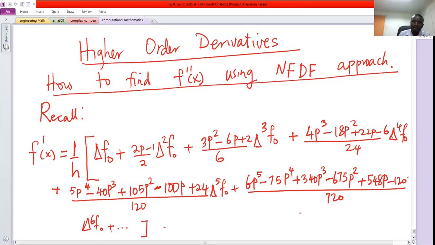Remember this, we called it equation 3 in the previous derivation, the previous class.